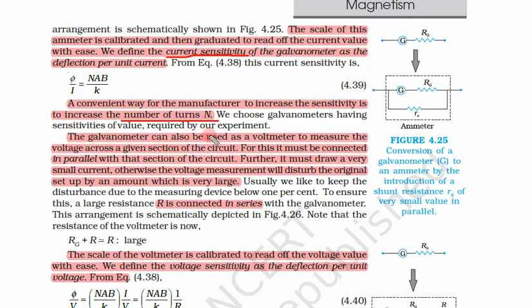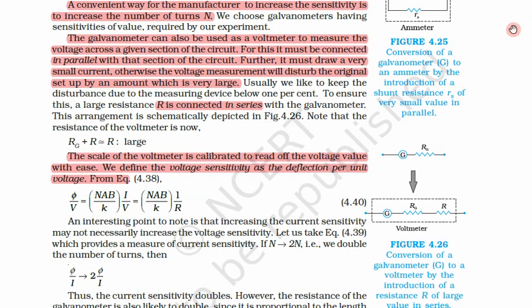The galvanometer can also be used as voltmeter. So this is the first application where we have used galvanometer as a meter. Now we are going to use this as voltmeter. The next application is that galvanometer can also be used as voltmeter. This is the second application.